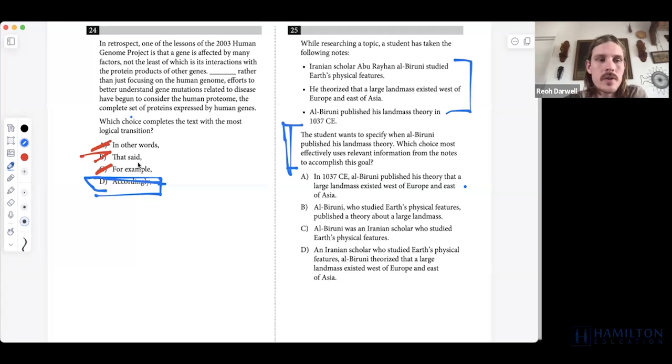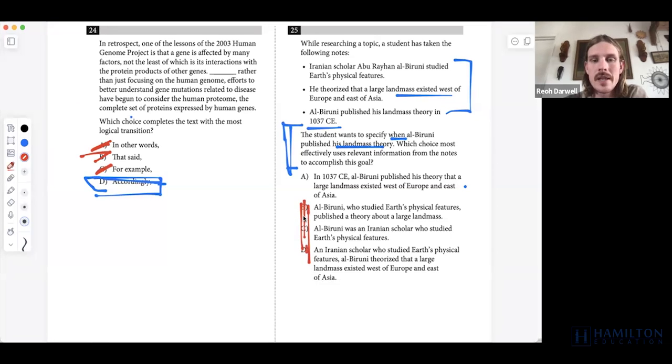So what do we want to do? We want to specify when the landmass theory was published. All right, so when was it published? 1037. We must choose an answer that says 1037. B through D, none of them say 1037, simply put.